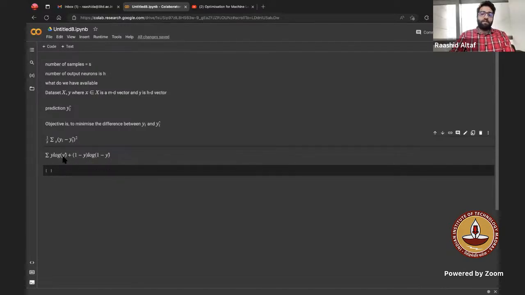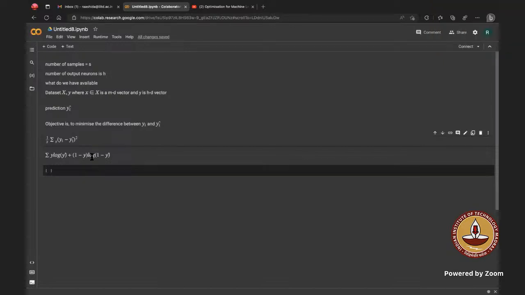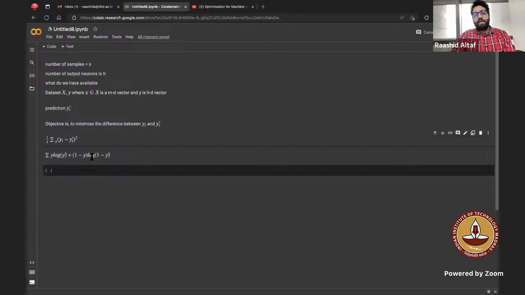For binary cross entropy loss, it may be something else. So it depends entirely upon what you're trying to minimize and what the specific objective of your neural network is.